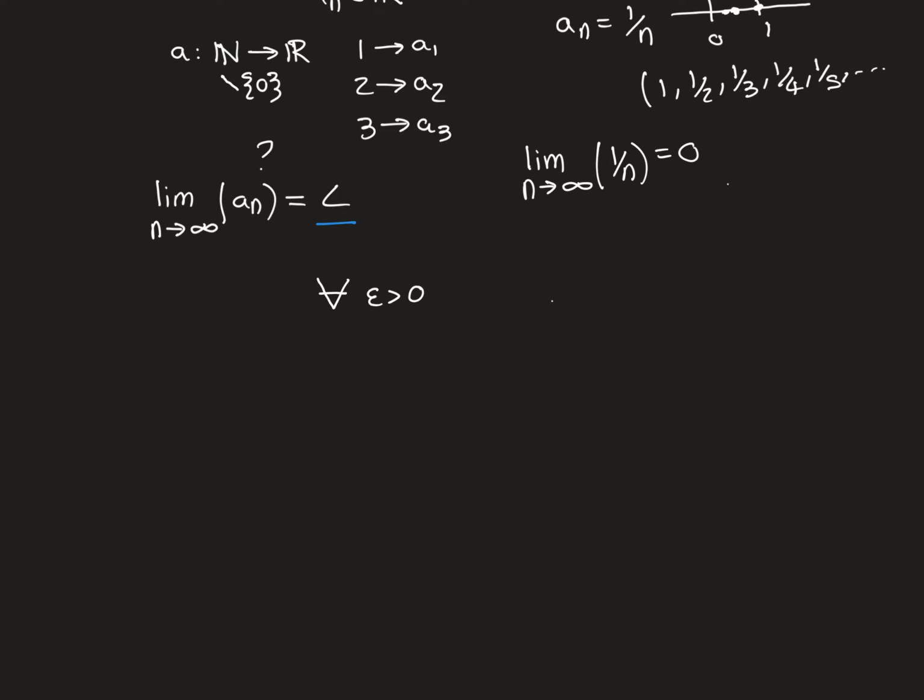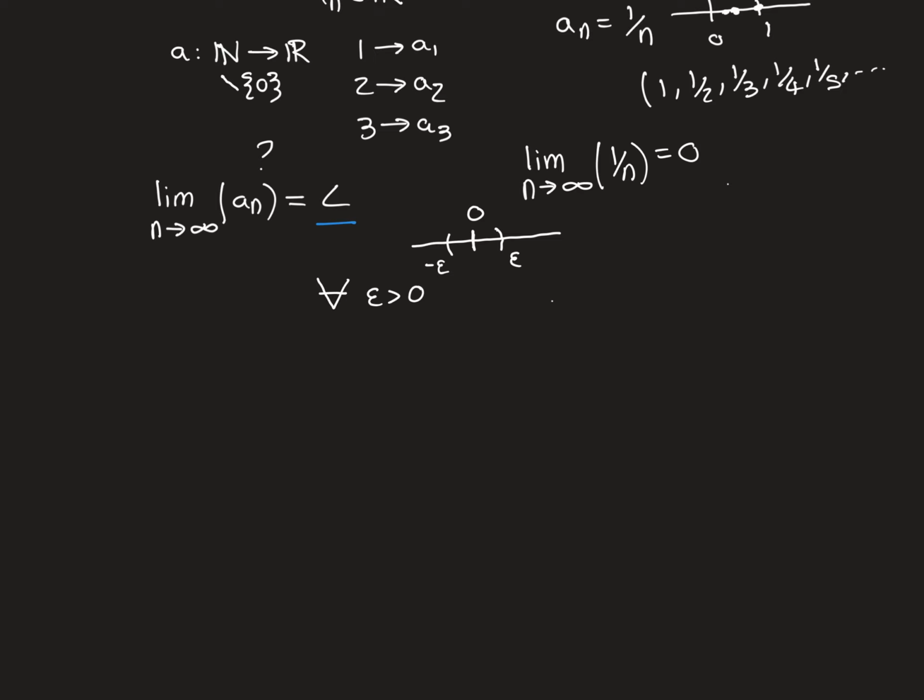So for all epsilon greater than 0, so take any real number that's greater than 0, in the example of our harmonic progression, where the limit is 0, you should be able to now put an open interval around that 0, the limit value. So the boundary here is epsilon, and the boundary here is negative epsilon.